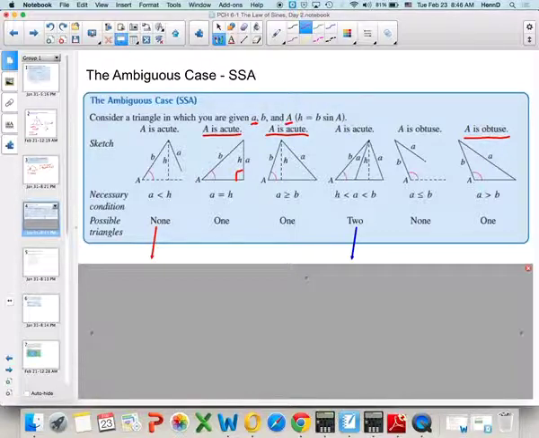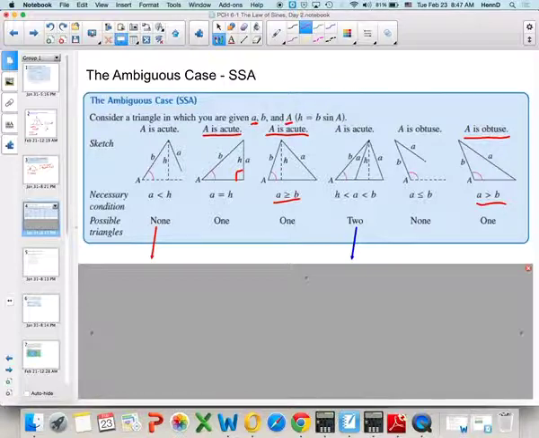But you'll notice in both of these cases here, a has to be at least b. It's possible we have an acute isosceles triangle. If it's obtuse, a definitely has to be the longest side because the obtuse angle would be the biggest angle, right? So let's look at these other three cases.